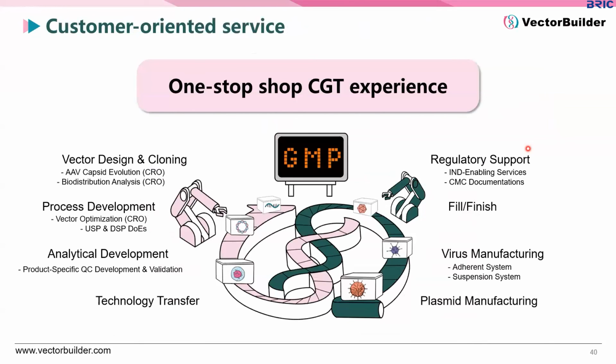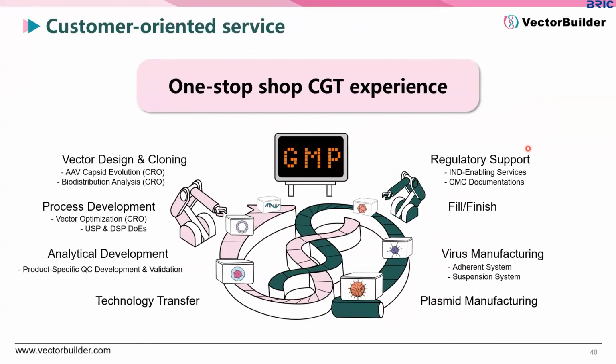So last but not least, this is our vision for cell and gene therapy. We want to provide a one-stop shop experience, starting from the very beginning with vector design and cloning, also helping our customers do capsid evolution to make a better vector, and then proceed to process development and large-scale GMP-grade manufacturing.